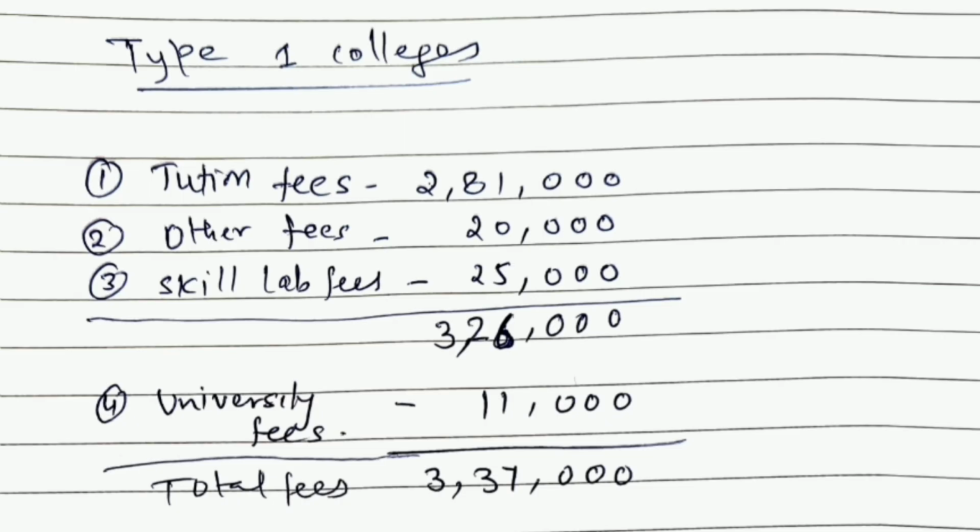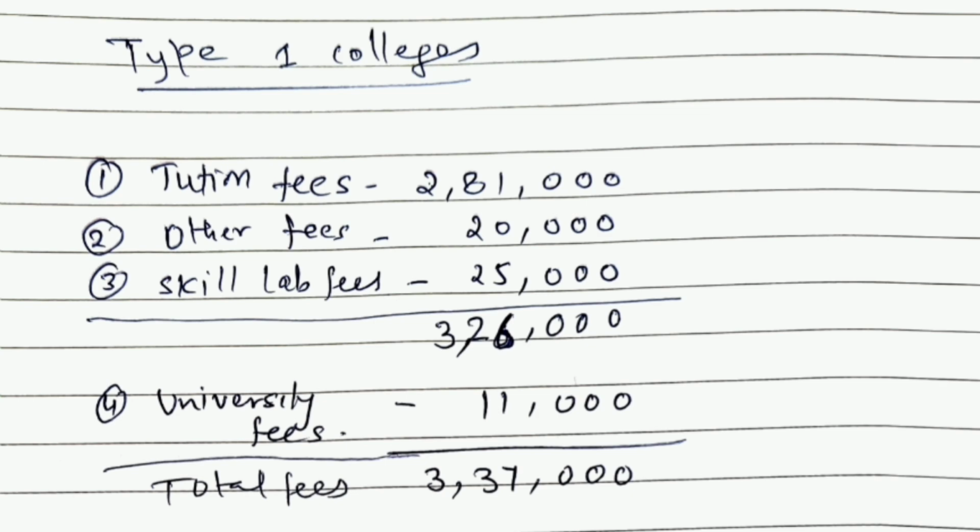So if you are studying in the type 1 colleges, all the top colleges of Karnataka, at least the top 30 to 40 to 50 colleges, are going to charge this fee structure. So tuition fees 2,81,000, other fees which I have mentioned in the previous sheet is 20,000. This is college fees, right?